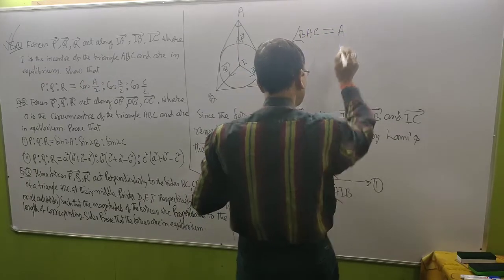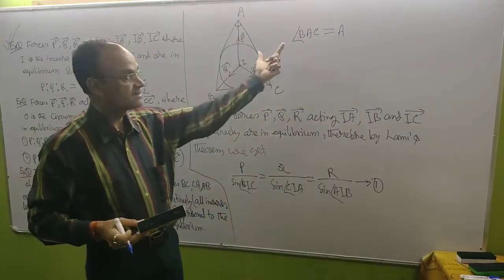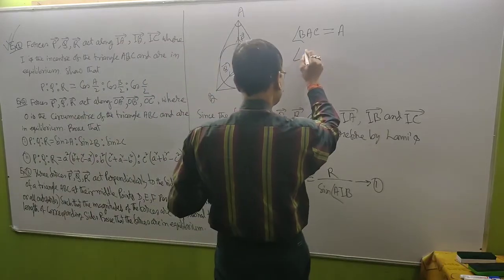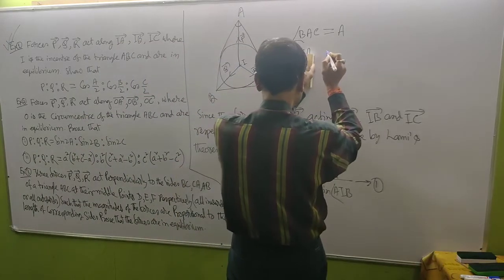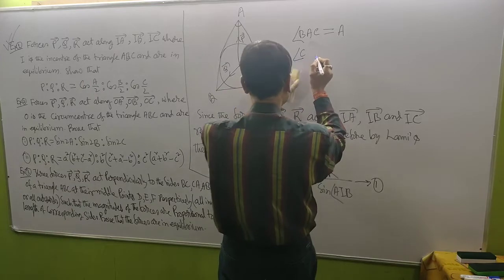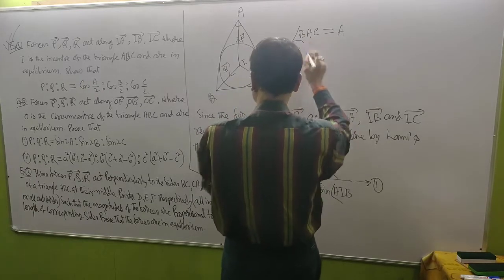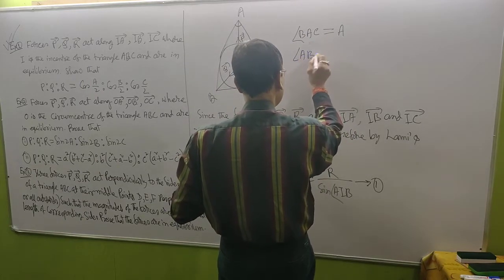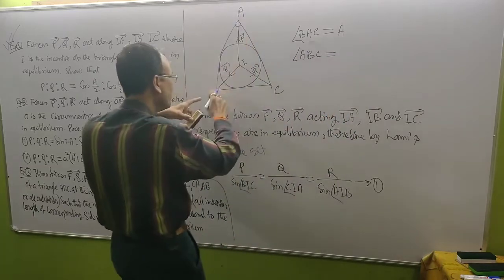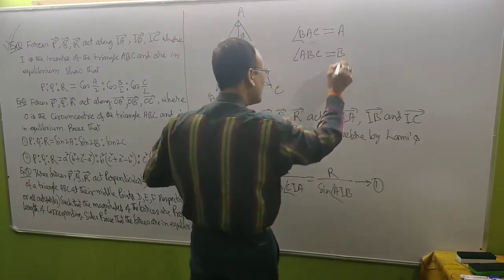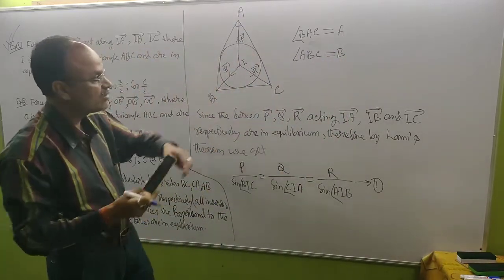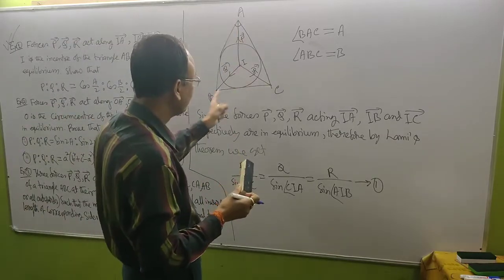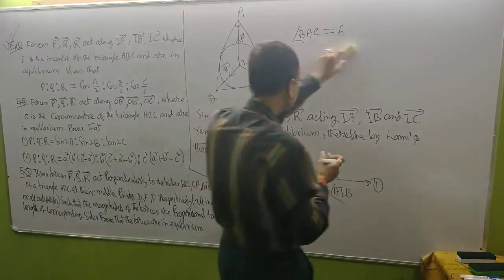This angle will mean angle A. Angle A means BAC. And ABC means angle B, the interior angle, and angle ACB means angle C.